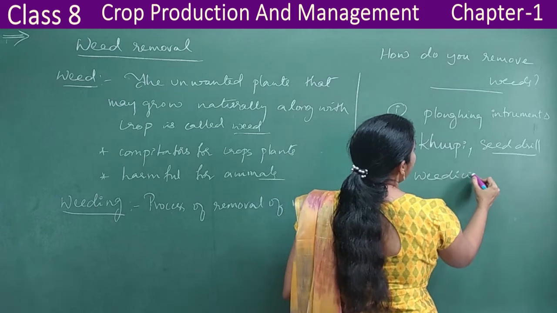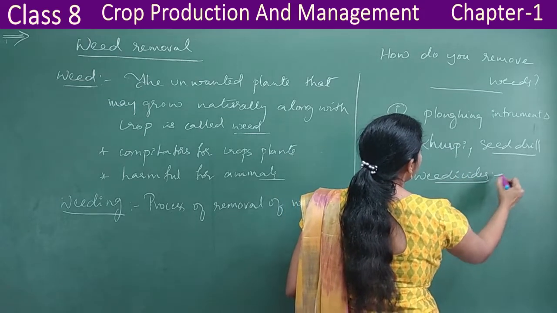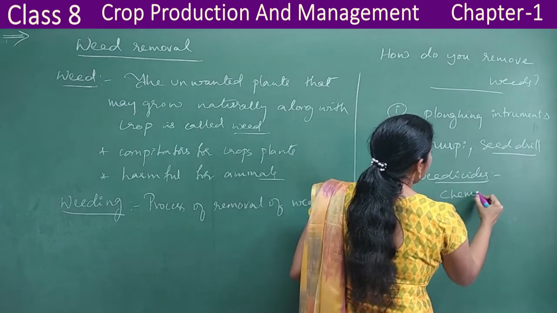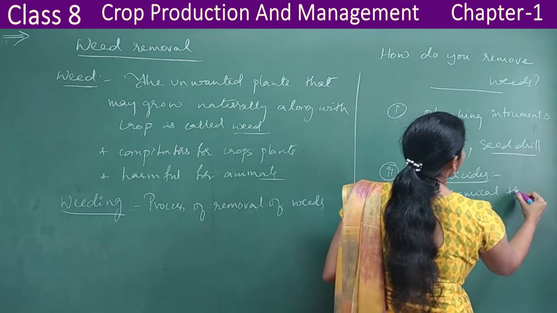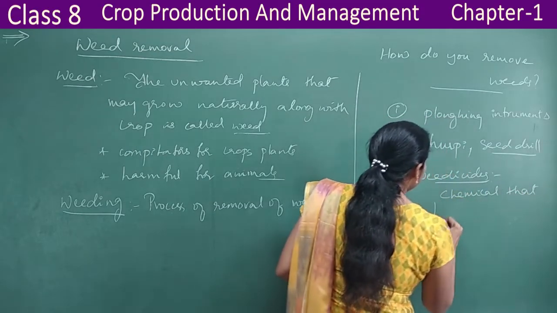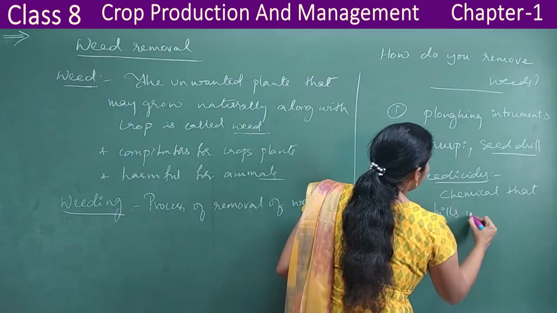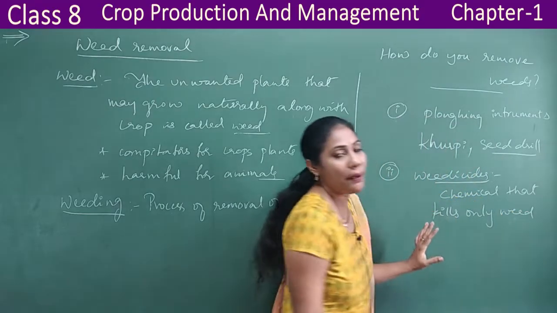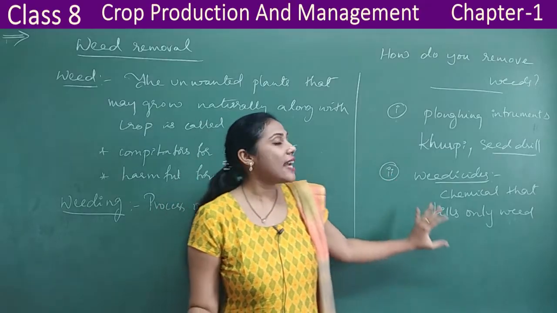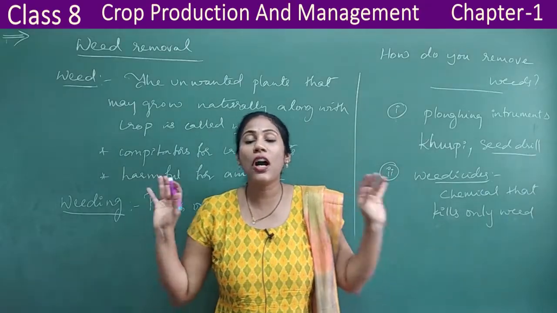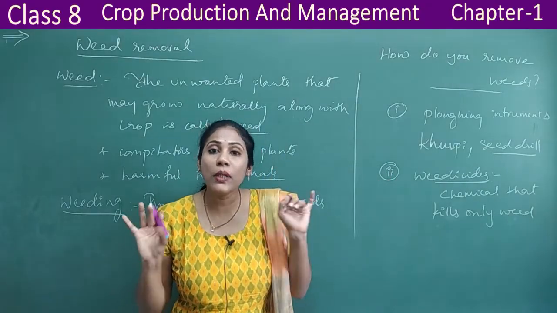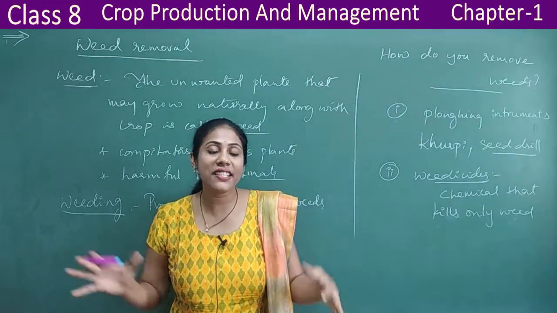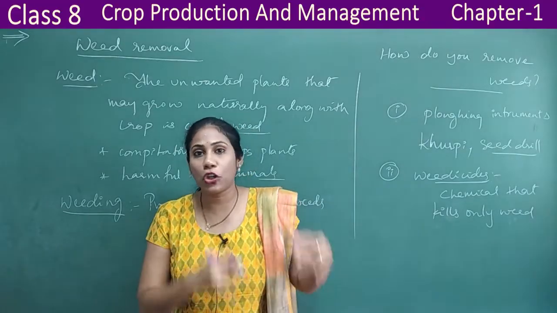Weedicides are nothing but chemicals that kill only weeds, not the crop plants. So weedicides are not harmful for crop plants. They only kill the dangerous weeds that are growing in between the crop plants.